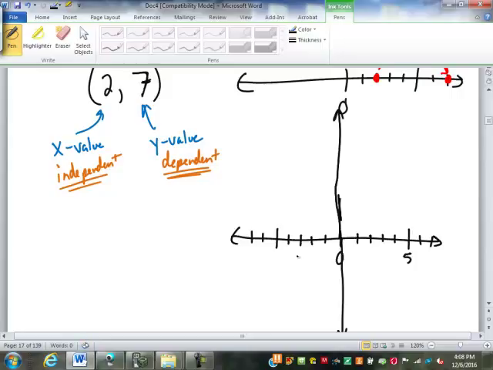Now the first one was just standard, positive on the right, negative on the left. This vertical one he did the same thing with, except positive goes up. And negative goes down.